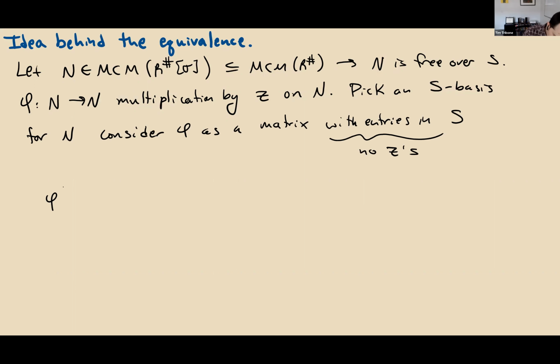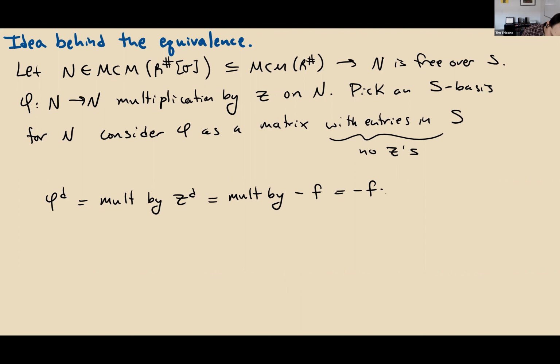Then if you take the product of phi with itself D times, this is multiplication by Z to the D. But on this hypersurface ring, F plus Z to the D is 0, so this is actually multiplication by minus F.